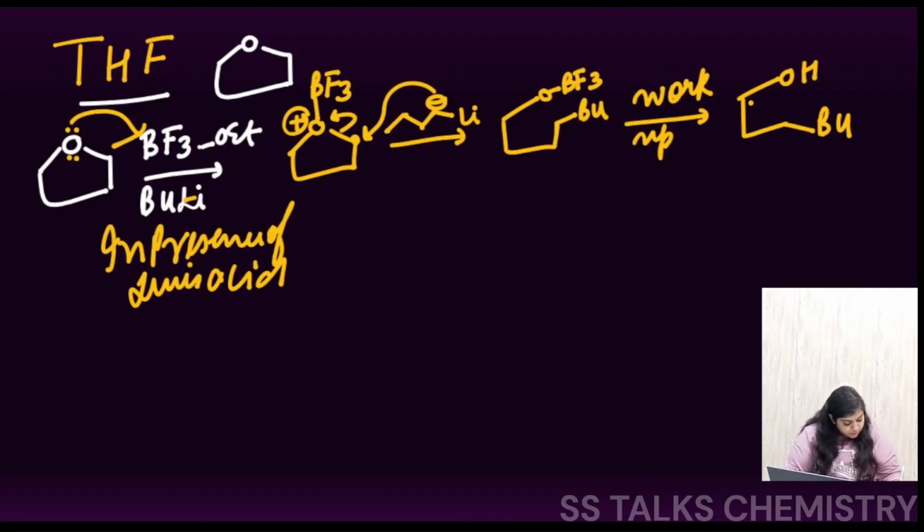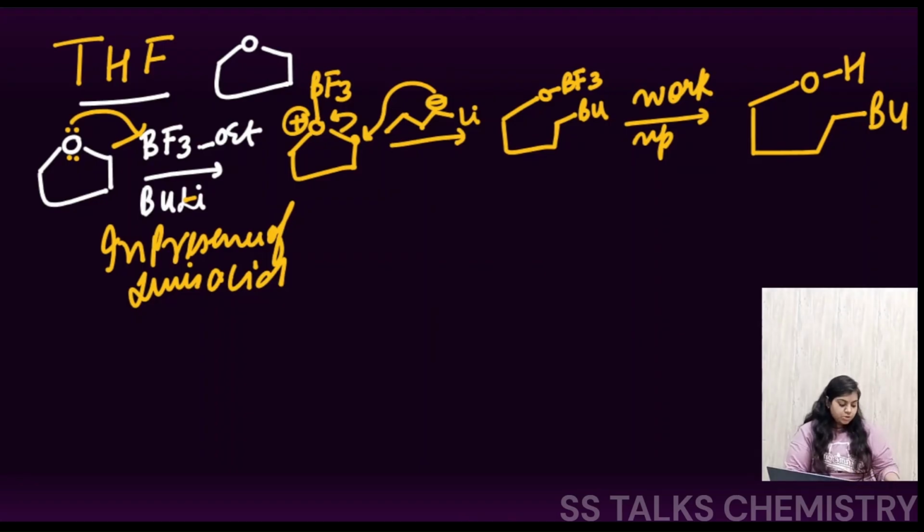Here we have 1, 2, one carbon I have missed. So here we will have the OH, and here is 1, 2, 3, and here will be your butyl species. So this is going to be your product in the case where you have the Lewis acid.